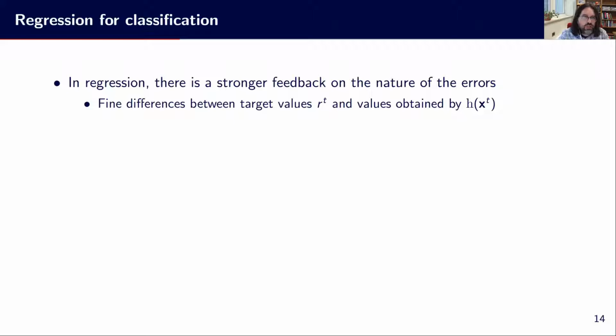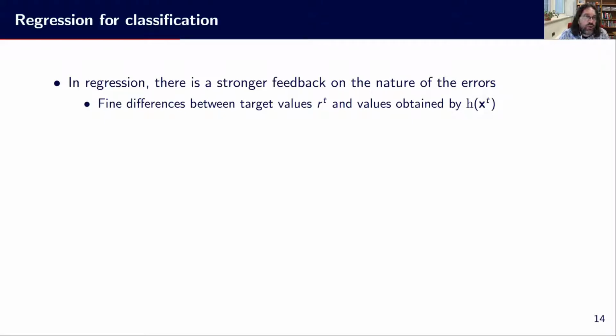In regression, there is a stronger feedback on the nature of errors. If we are looking at what kind of targets we want, we don't want binary values of 0 or 1. In regression, we are looking to approximate the real value of r^t, which is anything in the space of reals.